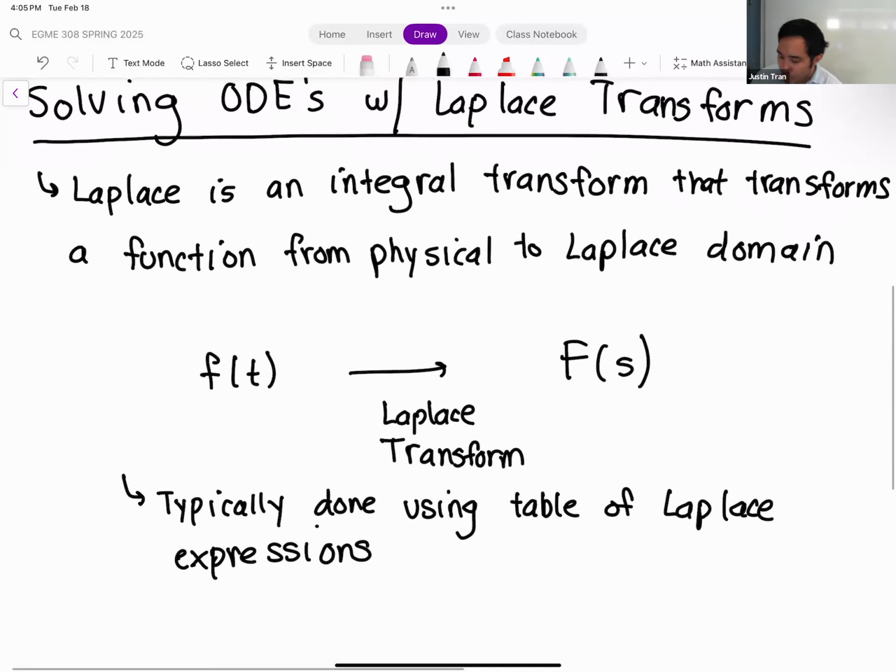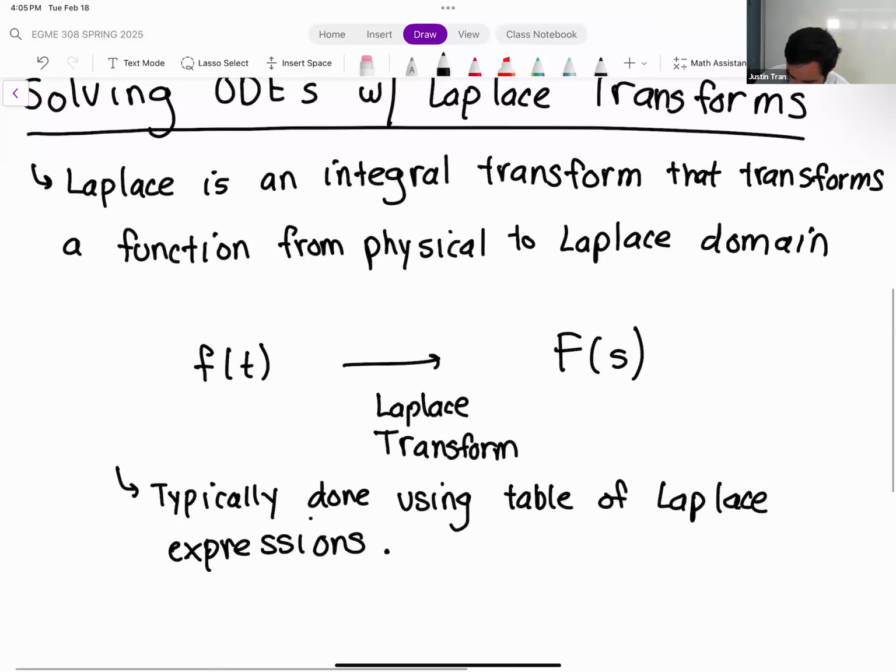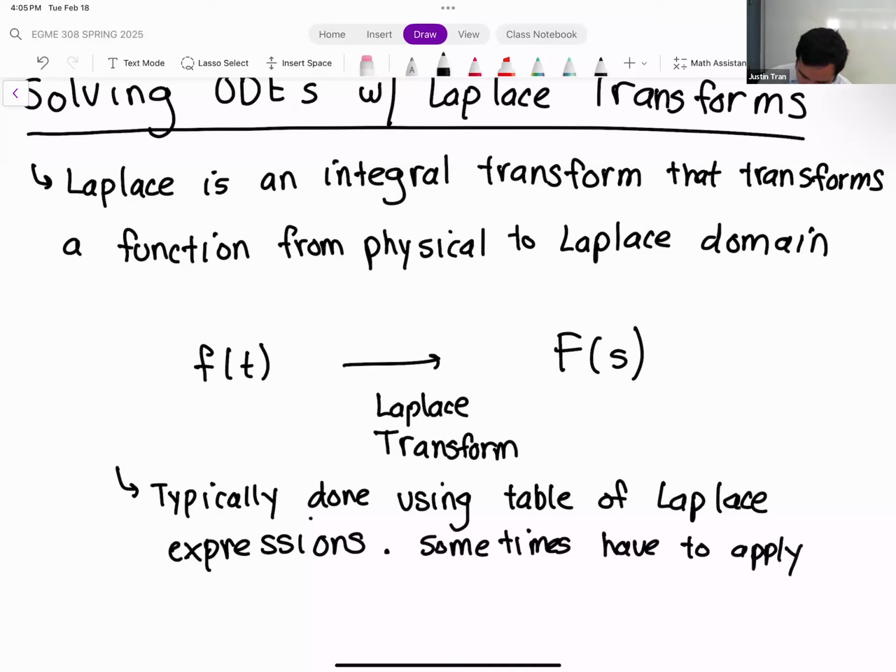Note that sometimes you do have to apply shifting, which we talked about last Thursday. With shifting, if you multiply a function in the physical domain by an exponential, e to the at, that shifts your transform in the Laplace domain by a fixed amount. So just be aware of that sometimes.